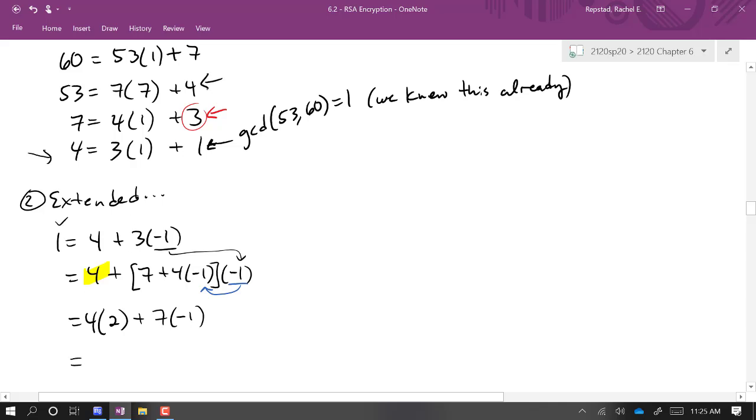Next, I'm going to move up one line and rewrite 4 as 53 plus 7 times negative 7. That's being multiplied by 2.